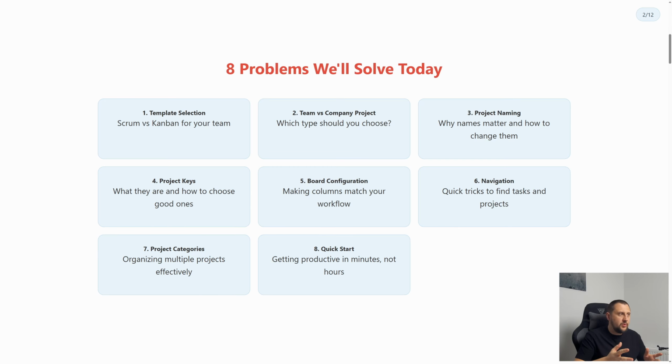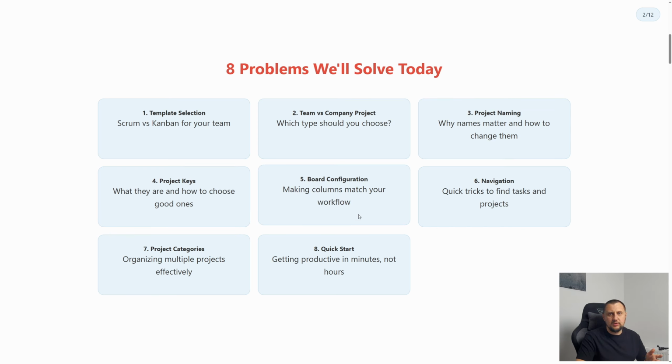Let's go. I prepared 8 main problems we are going to solve today. First, we'll talk about what template to select, Scrum or Kanban, which type of project you should choose, and why project name and project key matter.